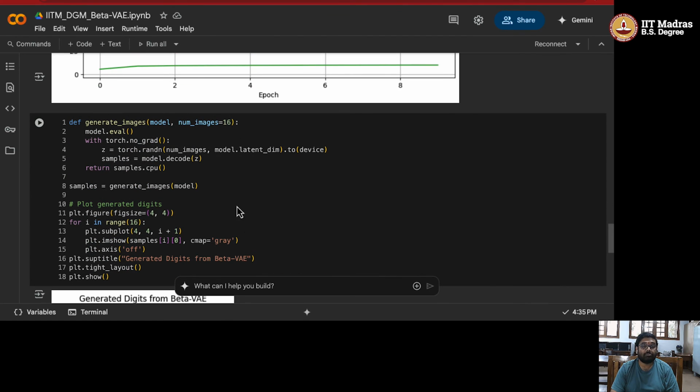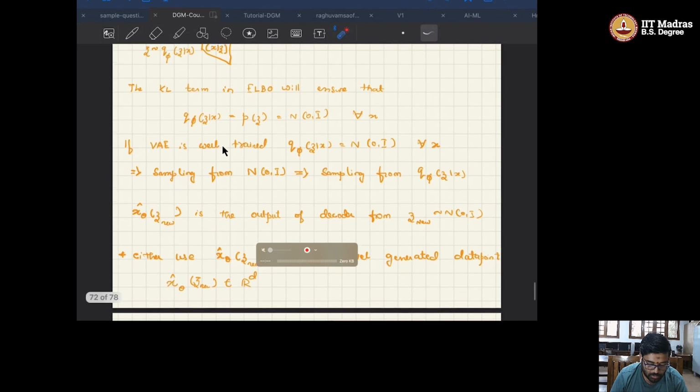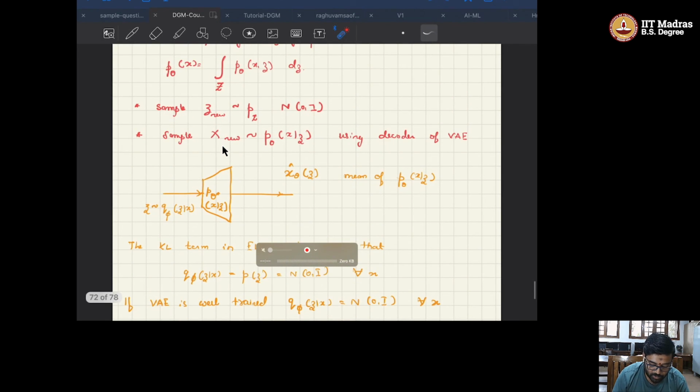Now how do you generate an image? You want to generate an image, so you sample from random. You take the Z. Okay, I'll just reiterate over the sampling.